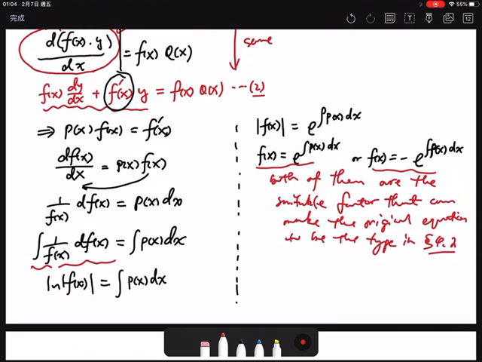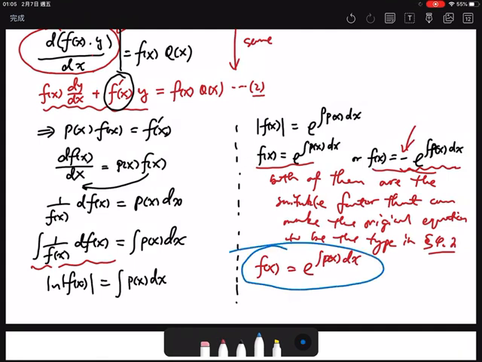For convenience, we choose f(x) to be the positive one only. We don't choose the negative one, but if you like, you can choose it. If you multiply it on both sides of the equation, the negative sign will be cancelled by multiplying by -1. So finally, we just choose this one.